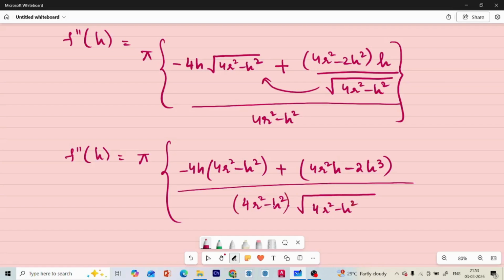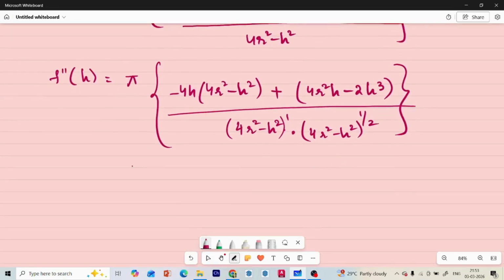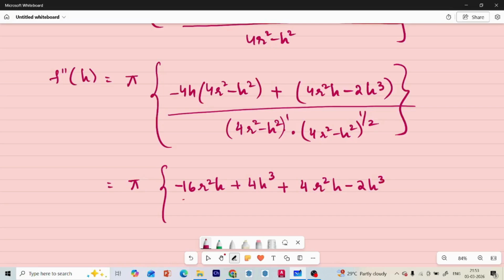What is this, nanna? This is whole power 1, this is whole power half, kada, so we can write it like this. The same term multiplied with 1.5. So this became pi into minus 4h, not 4, let us take this as minus 16r square h, okay, plus 4h cube plus 4r square h minus 2h cube, whole divided by 4r square minus h square power 3/2.